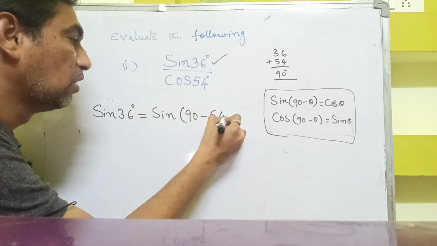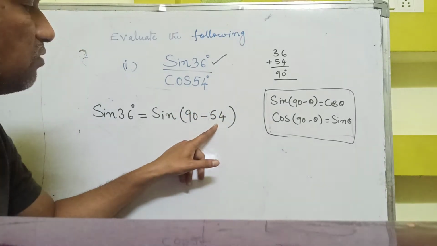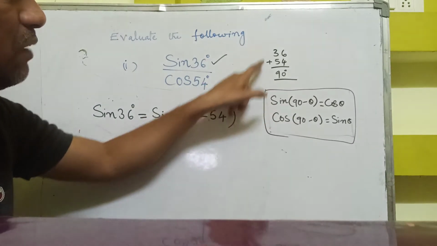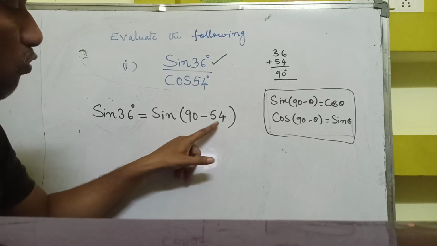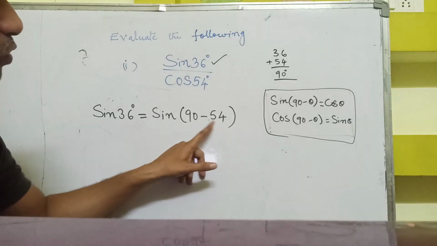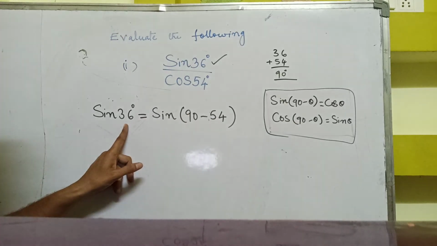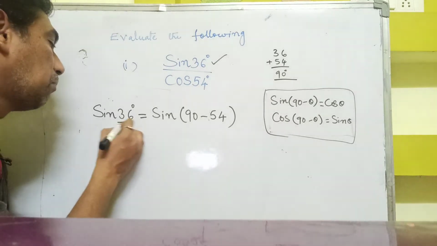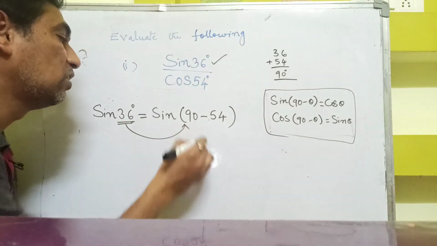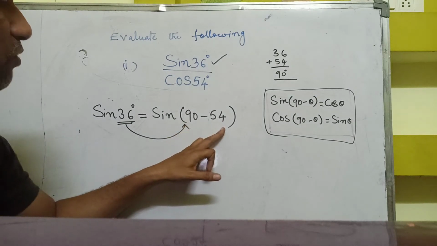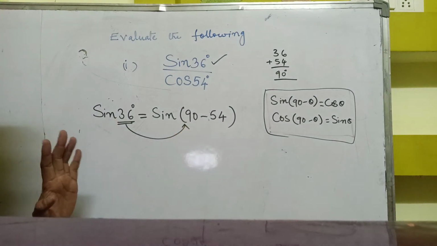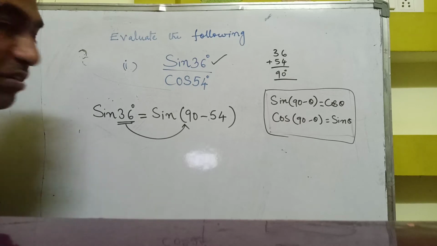Why? Because 90 minus 54, when we subtract 54 from 90, gives 36. What did I do? In the place of 36, I just wrote 90 minus 54, which again gives 36. I think you don't have any objection here.